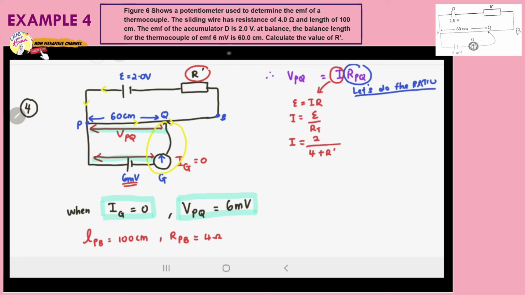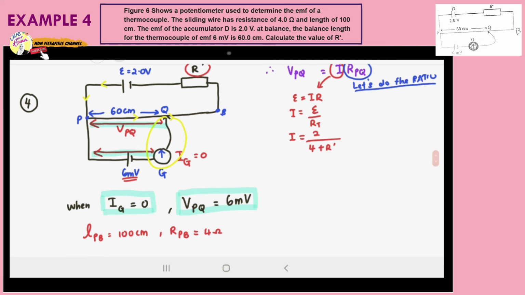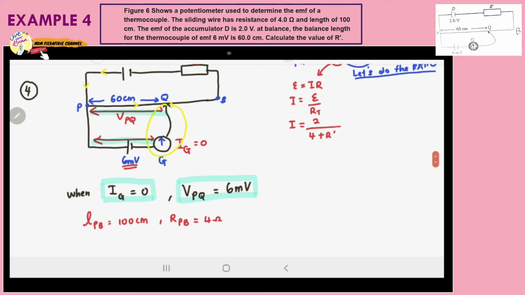Since we know that LPB is 100 centimeter and RPB is 4 ohm, then if the length is 60 centimeter, which is LPQ, what is the resistance of RPQ? So if LPQ is equal to 60 centimeter, what is the resistance of RPQ?